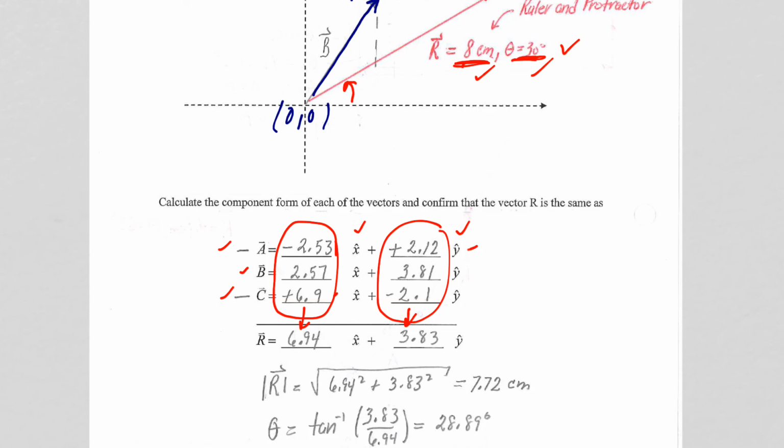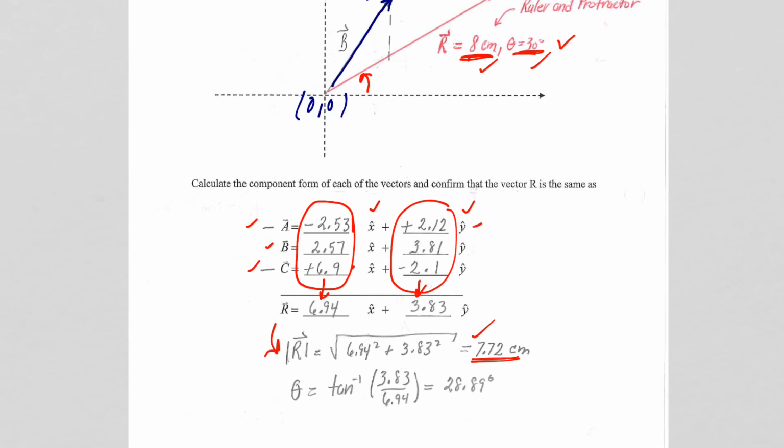And when we do Pythagorean theorem on my resultant vector, I get the square root of 6.9 squared plus 3.83 squared, so I get 7.72 instead of 8. So, yeah, it's off a little bit. And theta is 28.89, off from 30 a little bit.